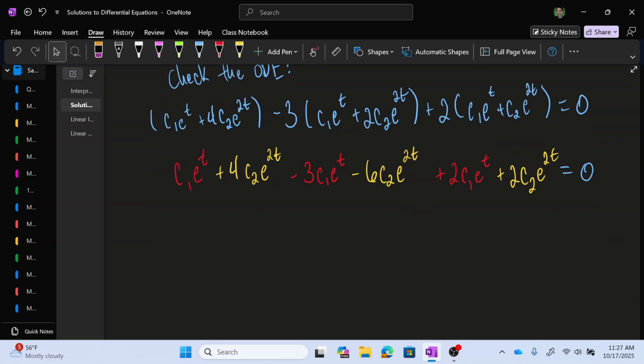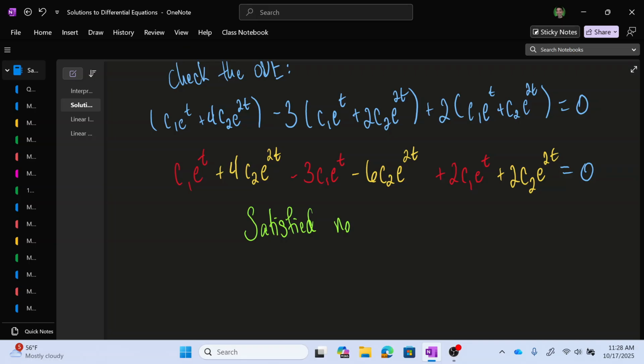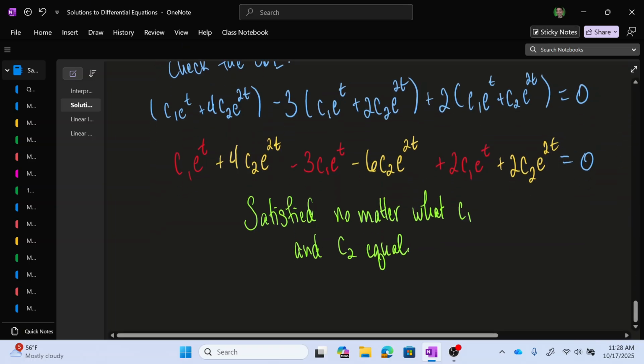So this first requirement is satisfied no matter what the constants are. So we won't get any information about these constants from the differential equation.